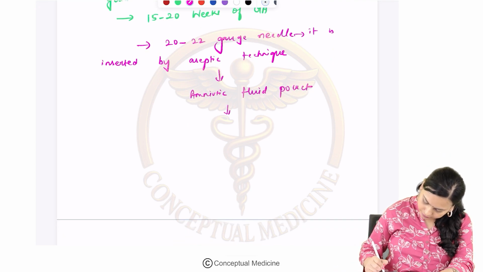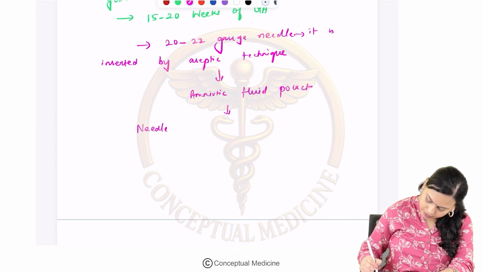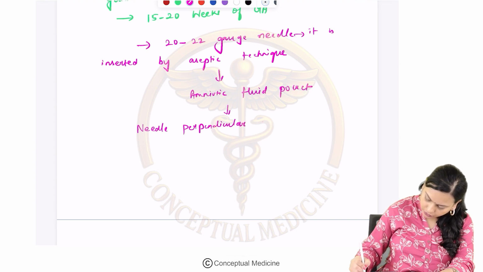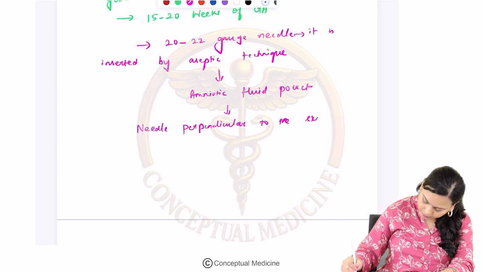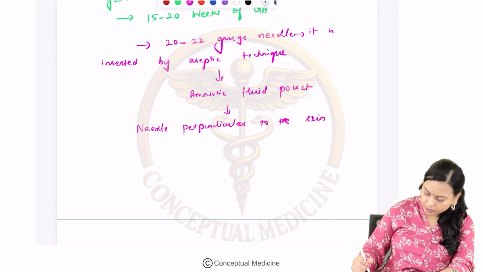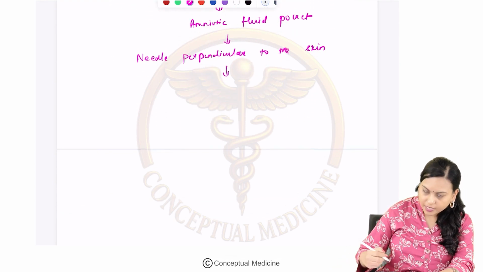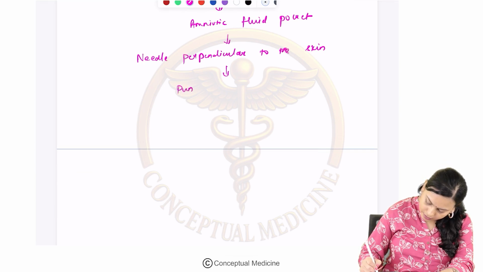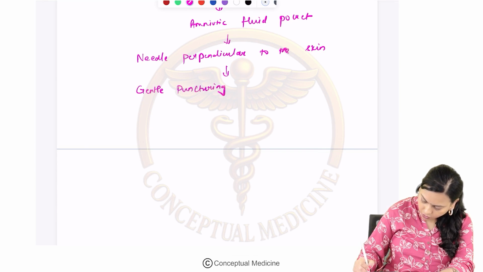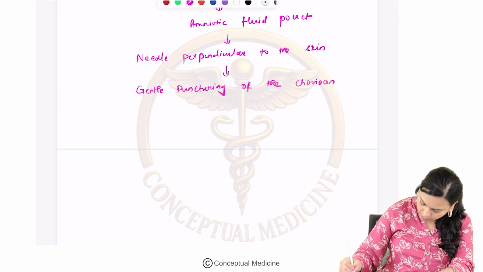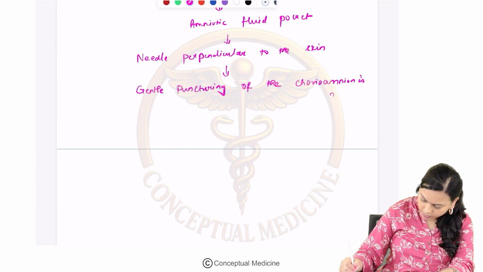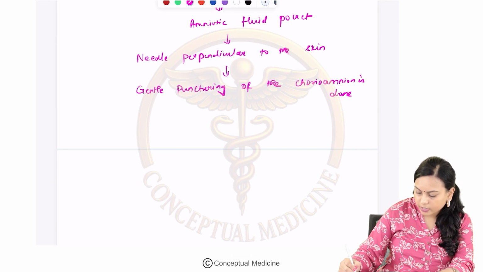Okay, and then we'll be inserting the needle perpendicular to the skin. Okay, and then we should be passing the needle and gentle puncturing of the chorioamnion is done.